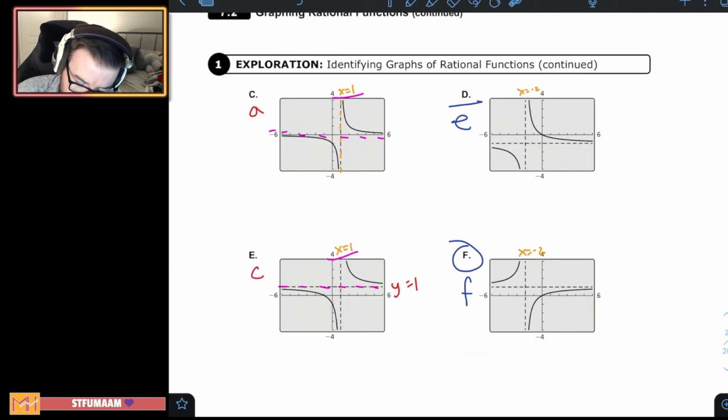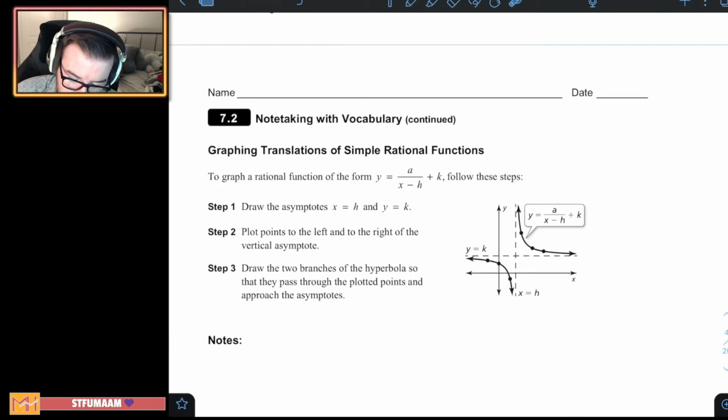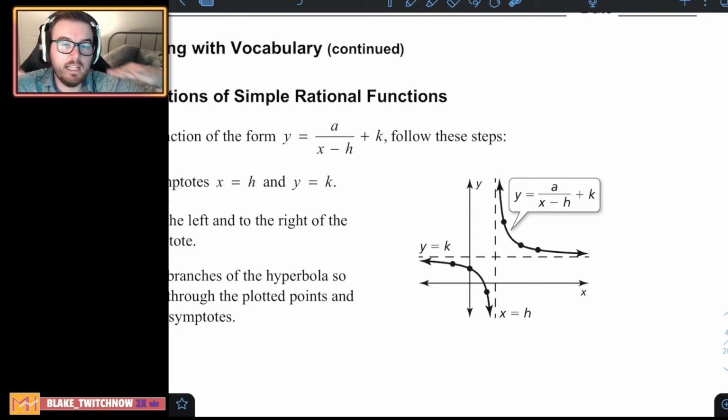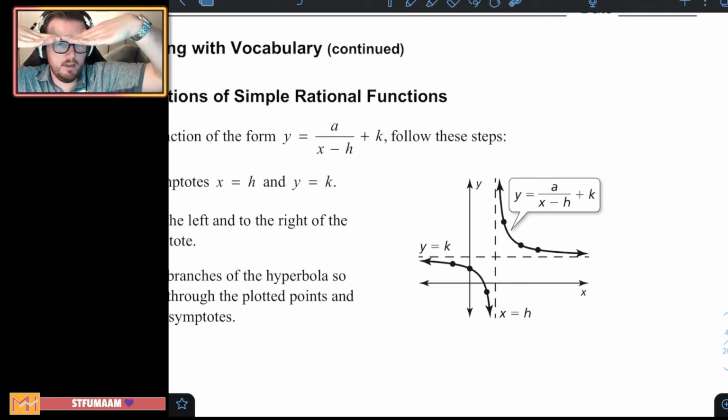Okay. This one does. So anytime you're in this form, this is the obvious vertical shift. So we love this form because it makes that horizontal asymptote more obvious. It's just the vertical shift, right? My hands coming together are the horizontal line.